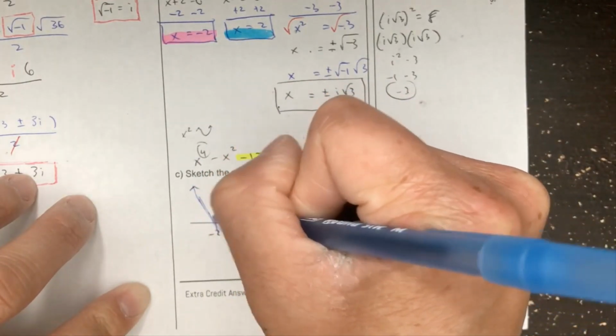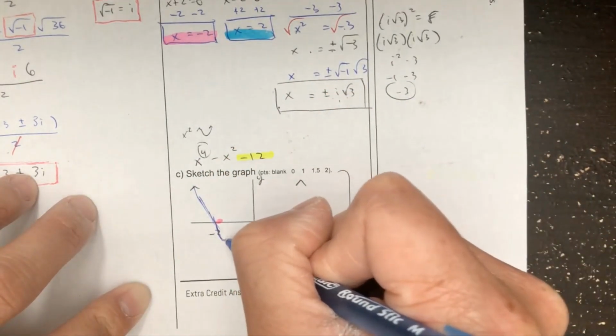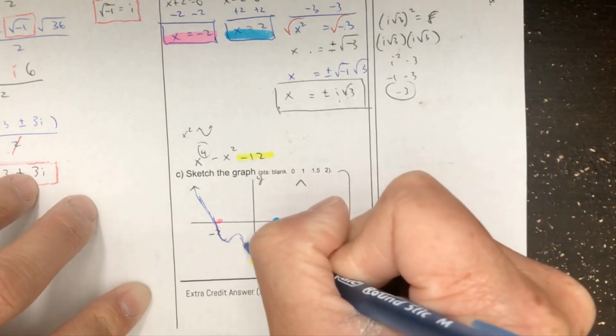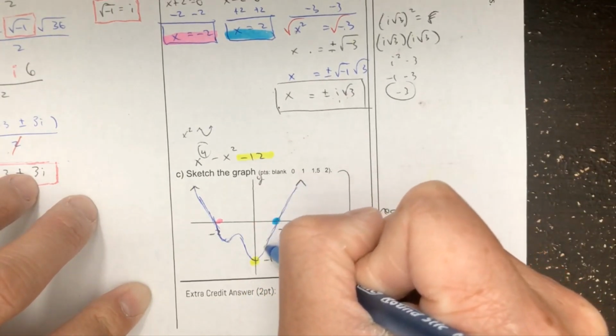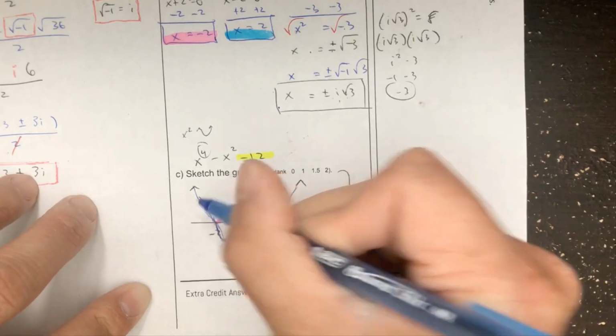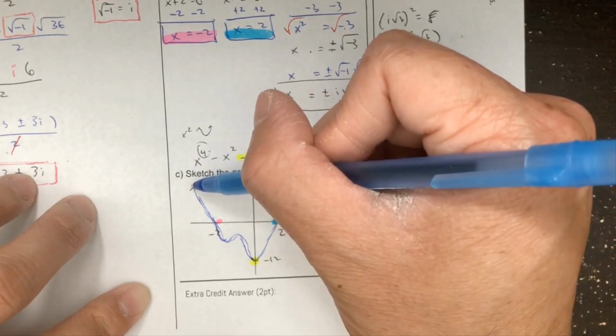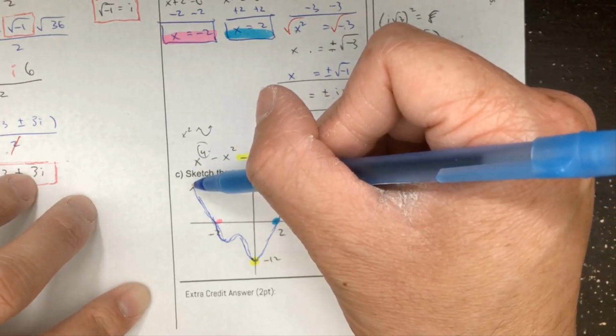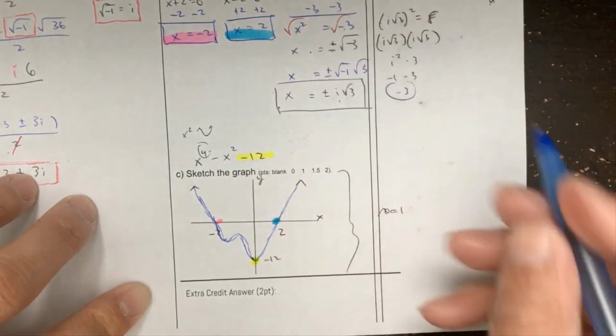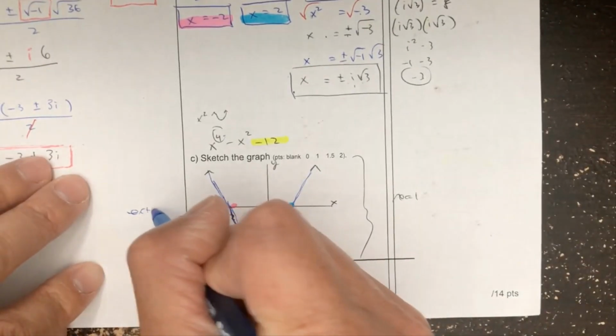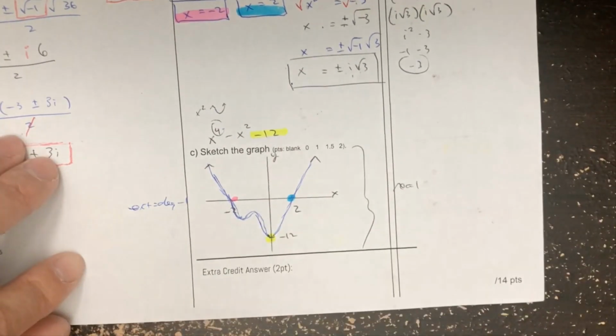Now I should show some kind of turning point or extrema there. Why is that the case? Remember the degree 4: extrema equals degree minus 1. We learned that previously. Extrema equals degree minus 1.